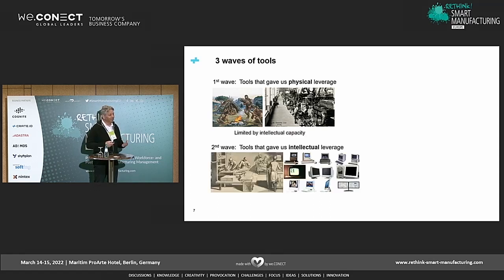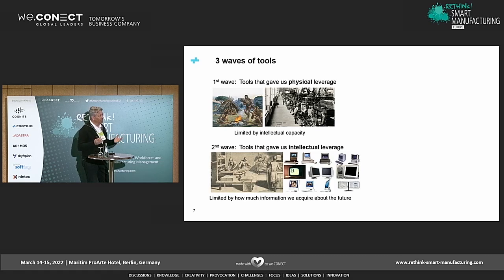The second wave that gave us intellectual leverage started with the printing press and went into the computers and whatever you do with computers today. And this gave us access to a lot of information, to process it, and it's only limited today by the knowledge you can acquire from the future, which is not possible.